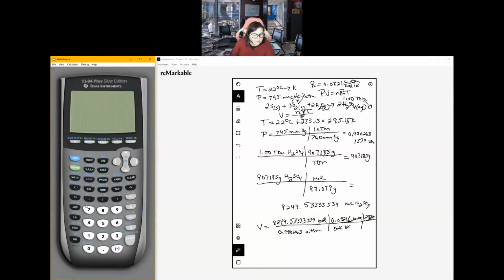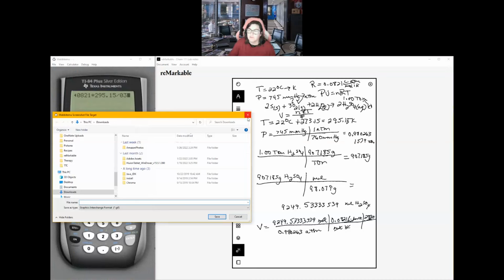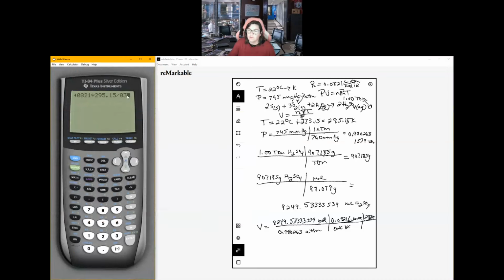All right. So let's pull this up. We'll clear this out. And I have 9249.5333539 times 0.0821 times 295.15 divided by 0.980263 atmospheres. Sorry, I keep forgetting I can't go back on this.